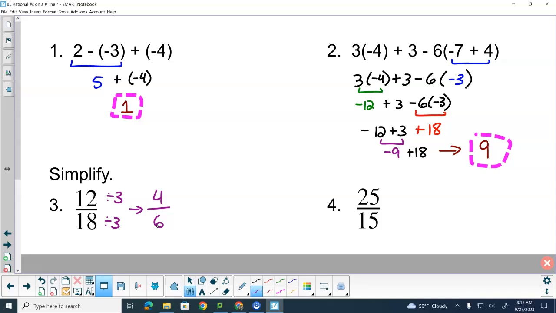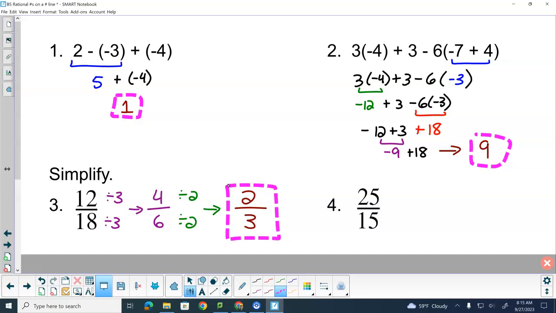If I divide both by 2 again, 4 divided by 2 is 2, and 6 divided by 2 is 3. So 2/3 is my answer. I could have done that all in one step by dividing by 6 right from the start, but I wanted to show you how 2 and 3 are the same as 6, because 3 times 2 is 6. That's why we can divide by 6.